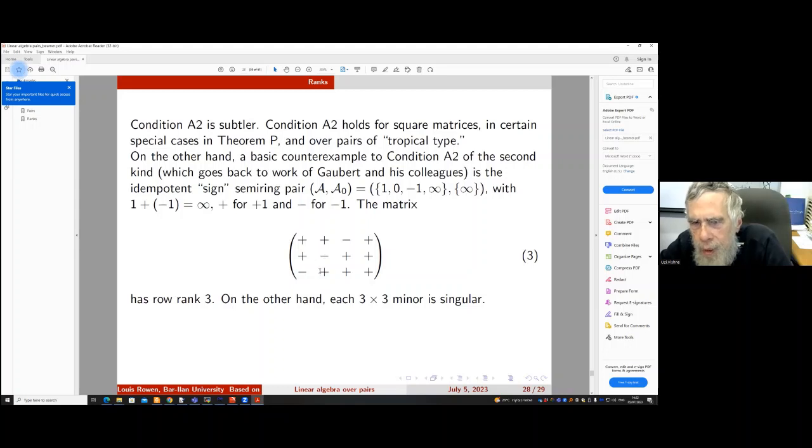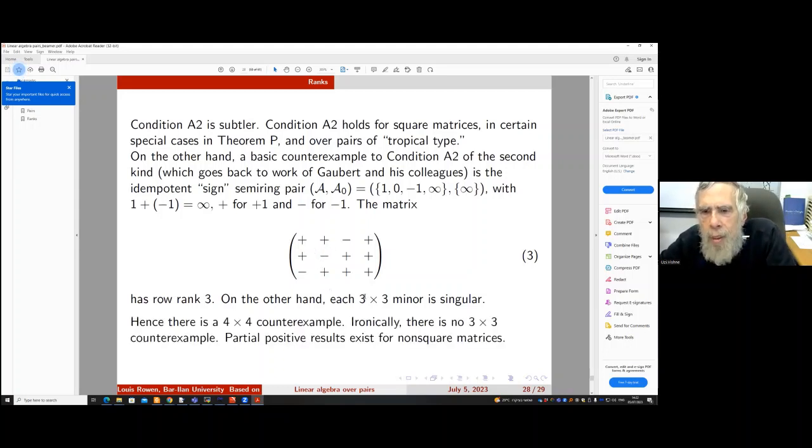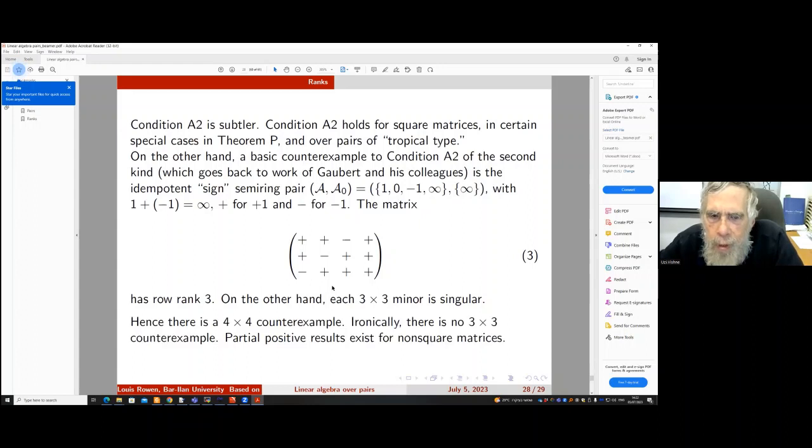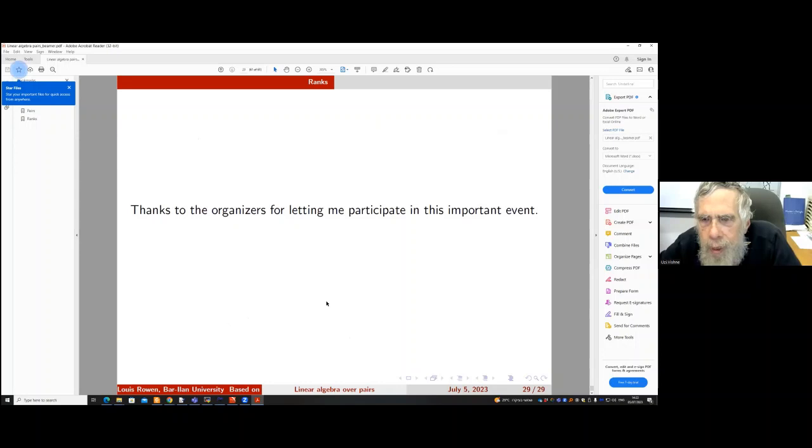These are not dependent, but every minor is singular. So that is a counterexample. The minors have rank less than 3. There's a 4 by 3 example. There's a 4 by 4 example if you just add zeros and then plus at the end. But there's no 3 by 3 example.